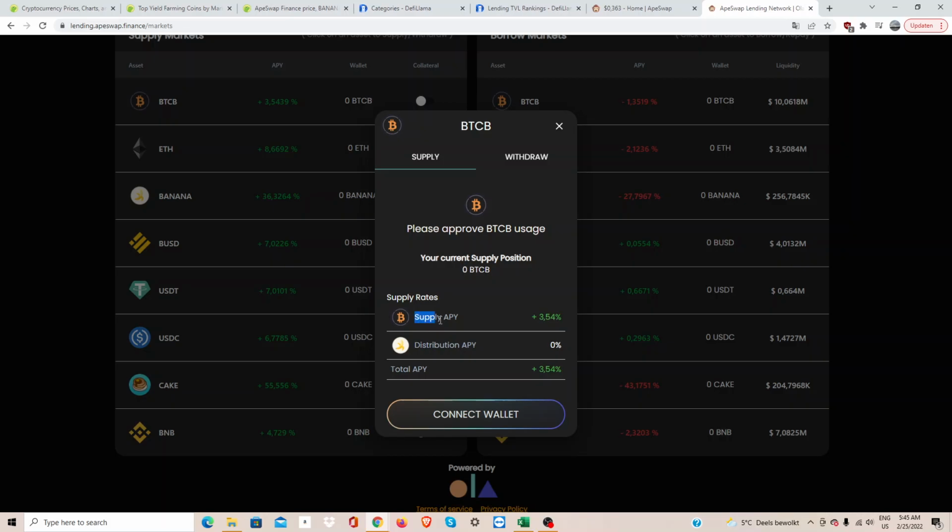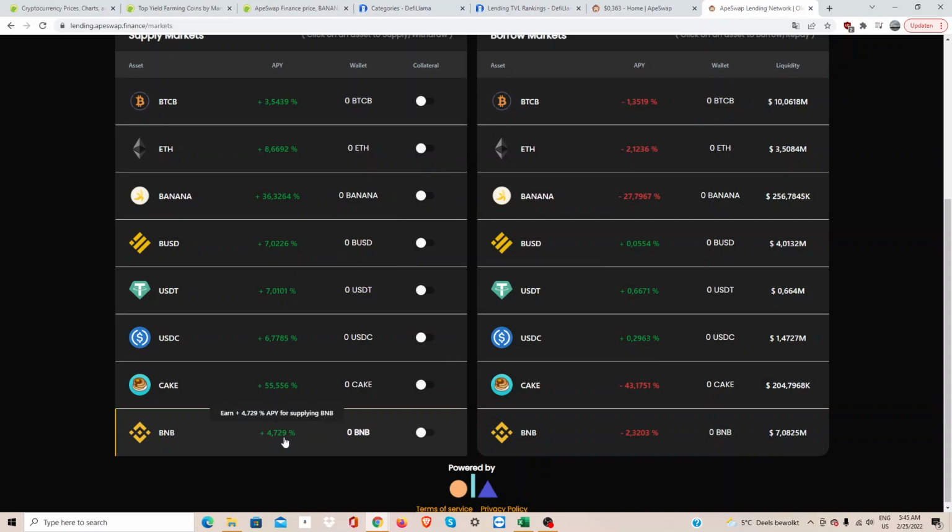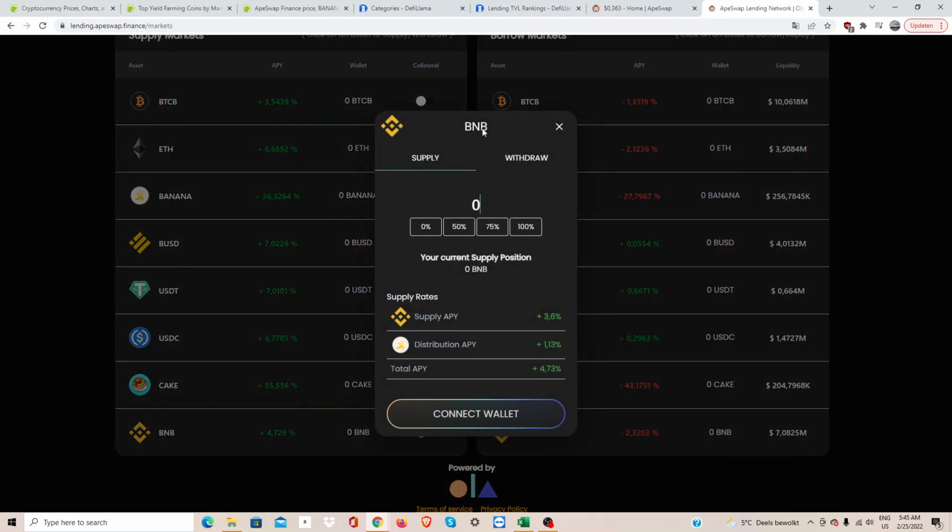You can see that you can get a supply rate for Bitcoin of 3.54% and a distribution APY. This one is 0, but let's check BNB. BNB offers a supply rate of 3.6% APY and a distribution APY of 1.13% in their native token.